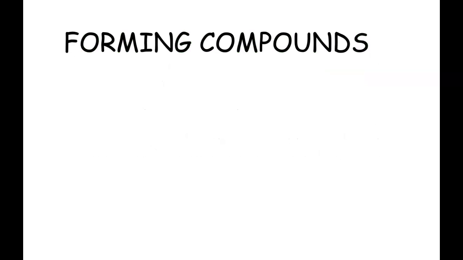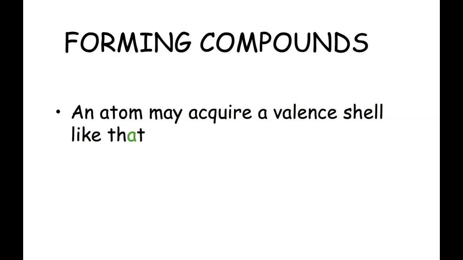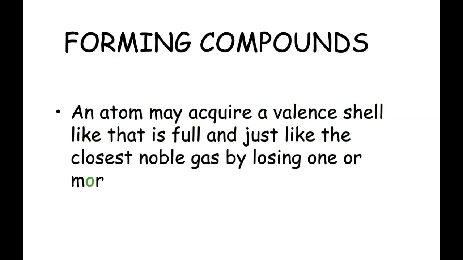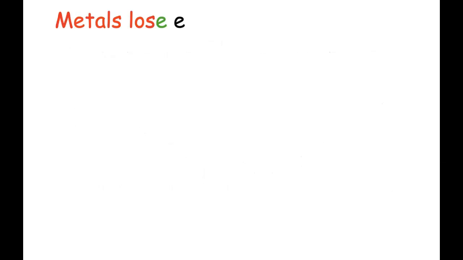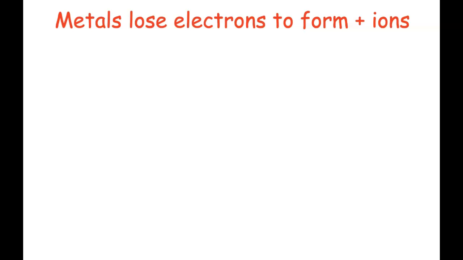And the kind of bonds that we're looking at this week, ionic bonds, and when they form these compounds, the atom gets a full valence shell, just like the closest noble gas. And they can do this by either losing an electron or gaining an electron, or multiple electrons. You'll remember from last week that metals lose electrons to form positive ions.